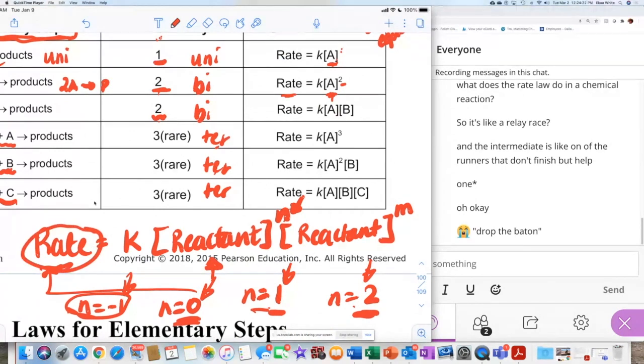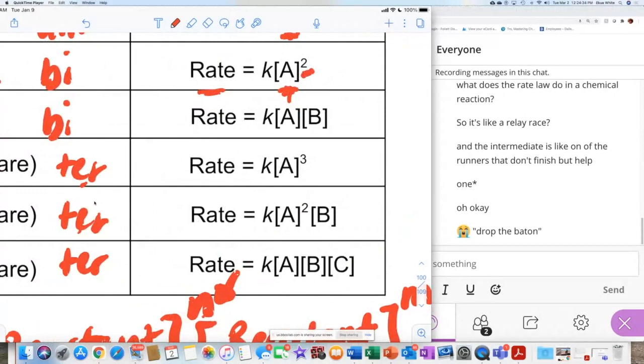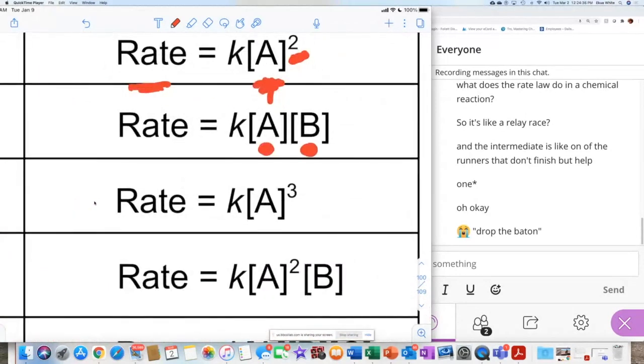Over here we have second order. For these two different reactants, A and B, each one is first order. So even though they are two different reactants, two different people, they have the same level of influence on the rate of the reaction. Each of them is first order. Here you have one reactant being third order.